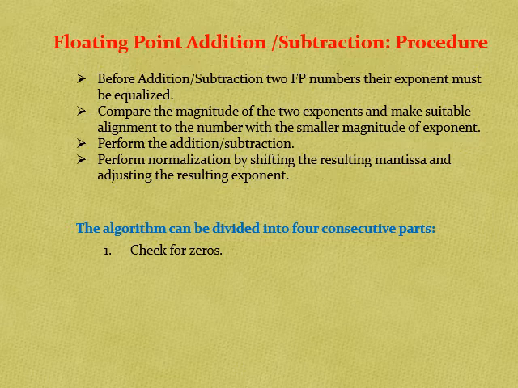That means if we add or subtract zeros, that is 0 plus 0 or 0 minus 0, the result will be 0. So for that we first have to check for 0. Another case may happen: suppose we have to add x and y, and x is 1 and y is 0.